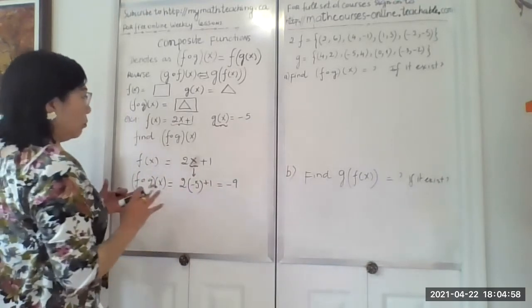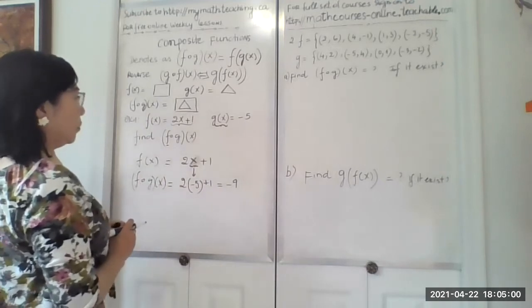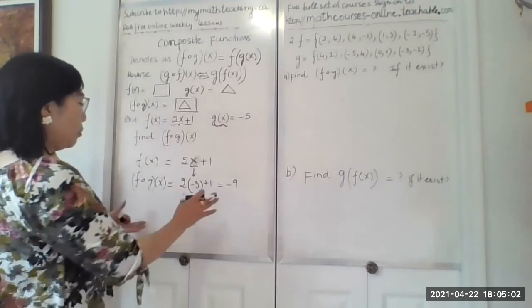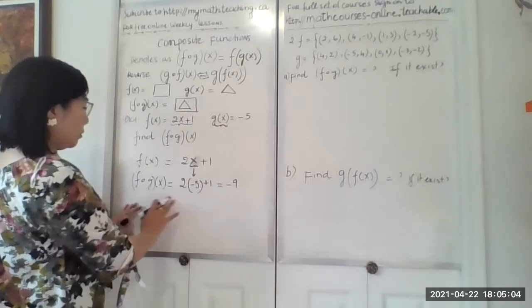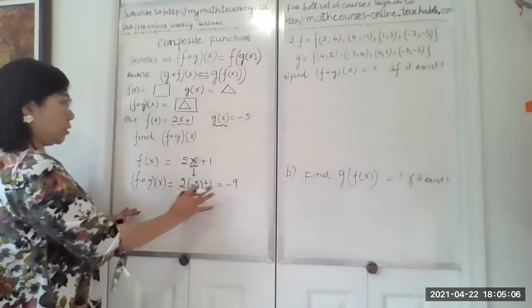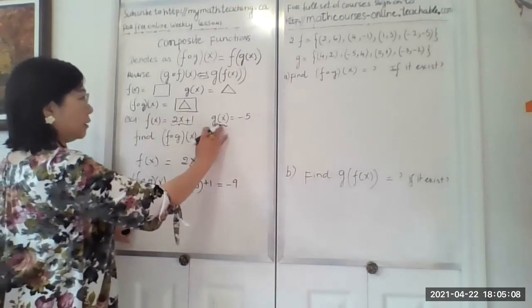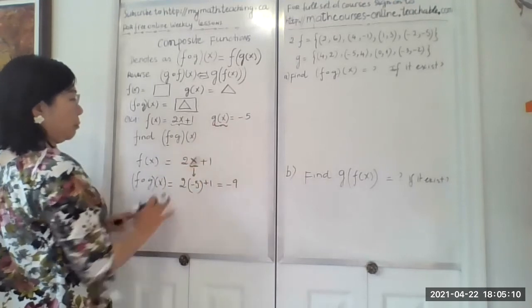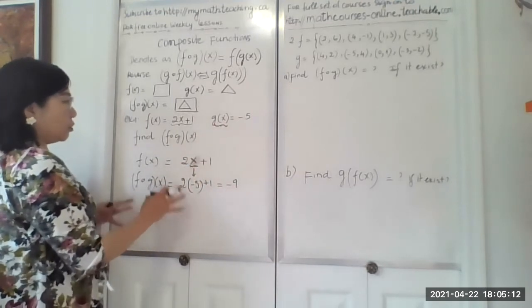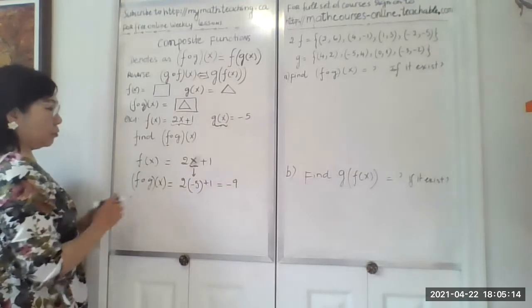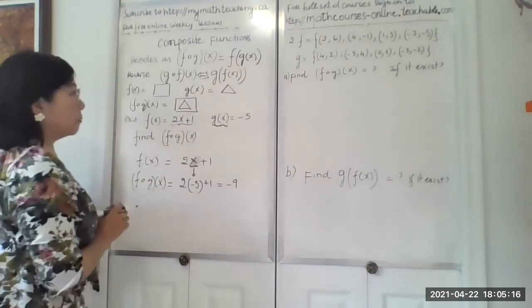Now in this case, we can only define the function f of g of x. We cannot define g of f of x. So here is just one example for you to see f of g of x.